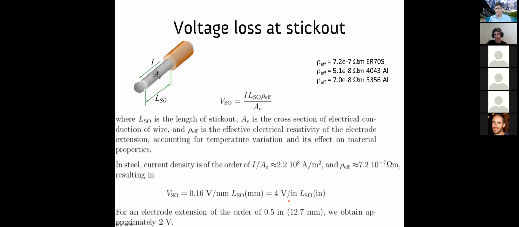You might be off by a factor of 2, but I prefer to be off by a factor of 2 than to be in complete ignorance. So this is quite powerful. Typically, the stick out in MIG is of the order of half an inch. So the stick out voltage loss in MIG is more or less 2 volts. It can be a little bit less, a little bit more. If I ask you to calculate it, you calculate it properly. But at the very least, you'll never be in complete ignorance.